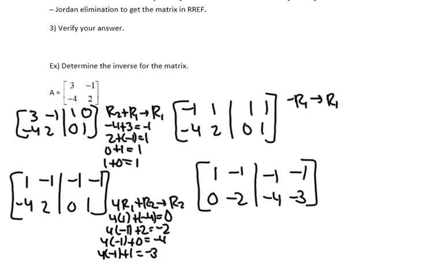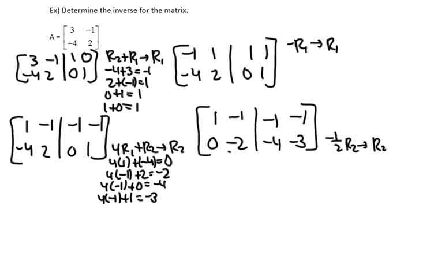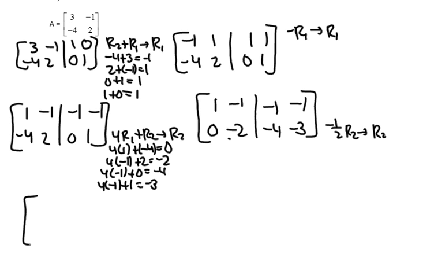Now the first column is done. So now this -2 needs to be a +1. So I'm going to multiply the entire second row by -1/2. And we'll put this matrix below. Again, row 1 stays the same.